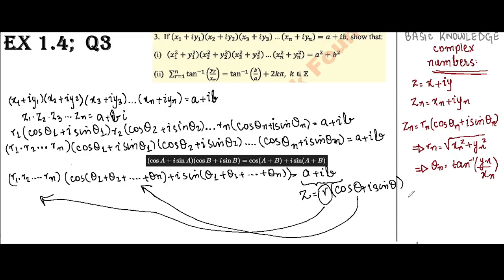So we have, for z equals a plus iota b, r is equal to r1 dot r2 dot r3 up till rn, and theta equals theta 1 plus theta 2 plus theta 3 plus up till theta n.